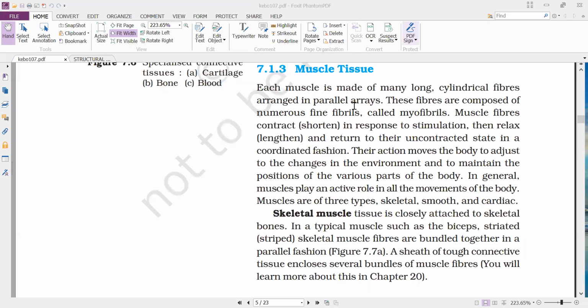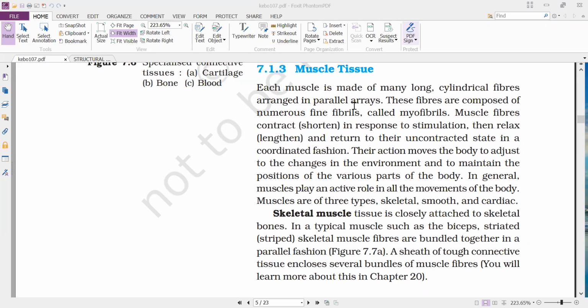Depending upon the extent of the stimulus, they undergo contraction. When the function is completed, again they come to their normal state, that is, they relax, that is the lengthen. The shortened structure again becomes lengthened and returns to its uncontracted state, that is the normal state, in a coordinated fashion, that means one after the other.